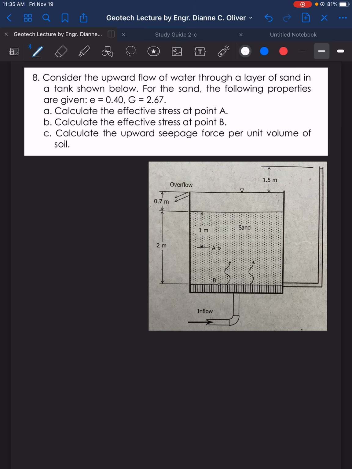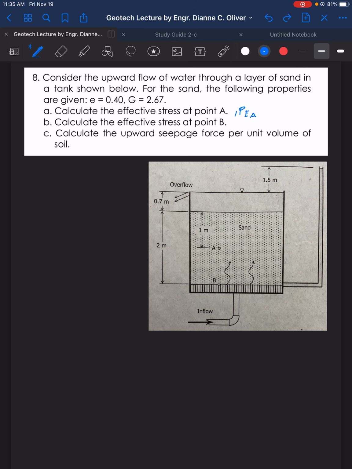For the sand, the following properties are given: the void ratio e is equal to 0.4, specific gravity G is 2.67. Calculate the effective stress at point A, so P effective A, this one here.